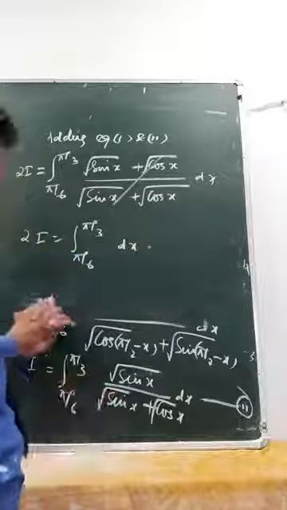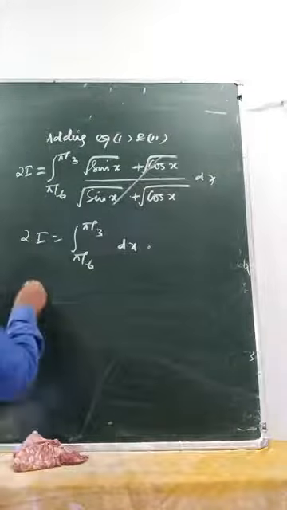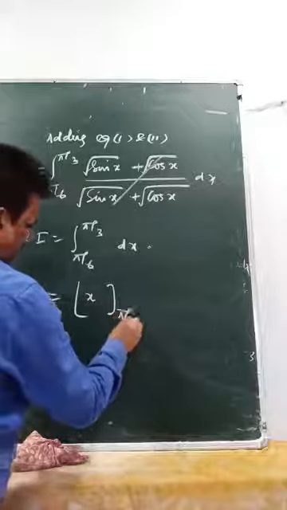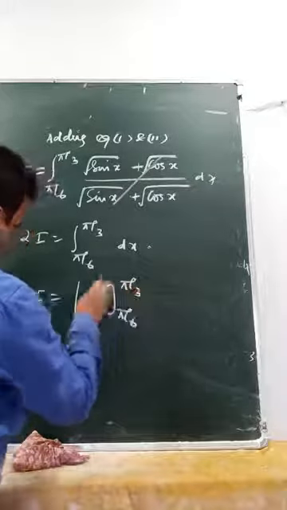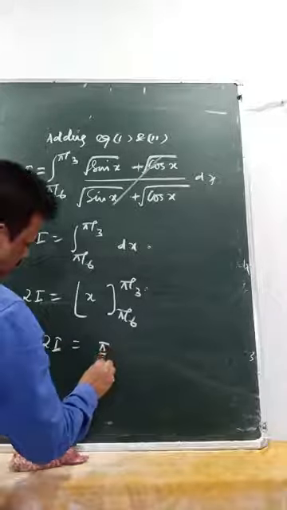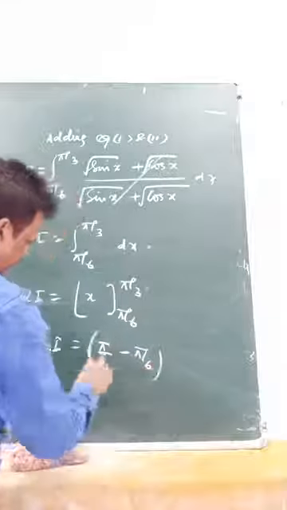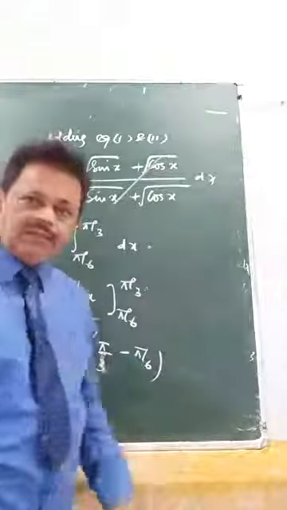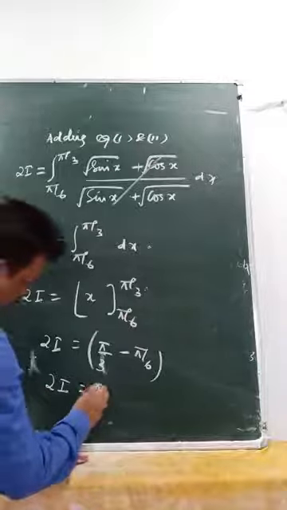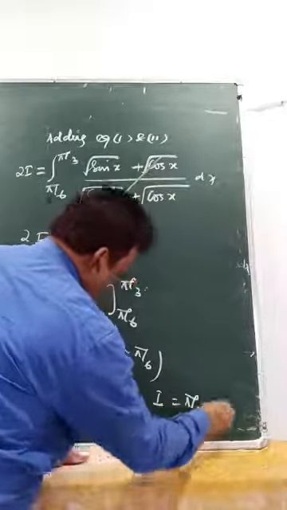So that will give you how much? 2I equals x from pi/6 to pi/3. 2I equals pi by 3 minus pi by 6 means what? 60 minus 30, that is 30 degrees. 2I equals pi by 6, therefore I equals pi by 12.